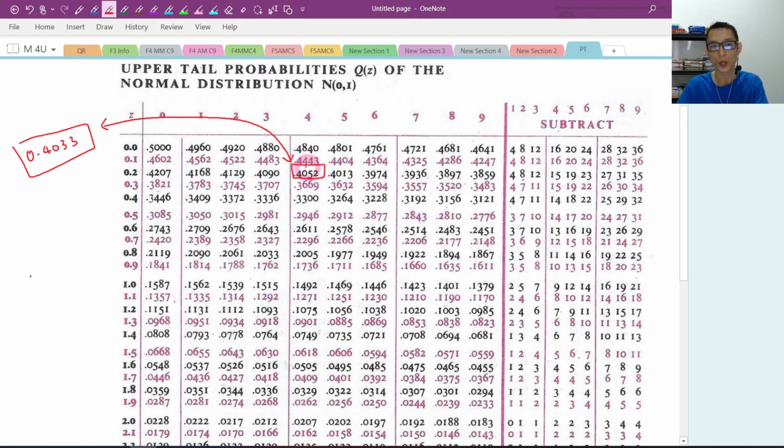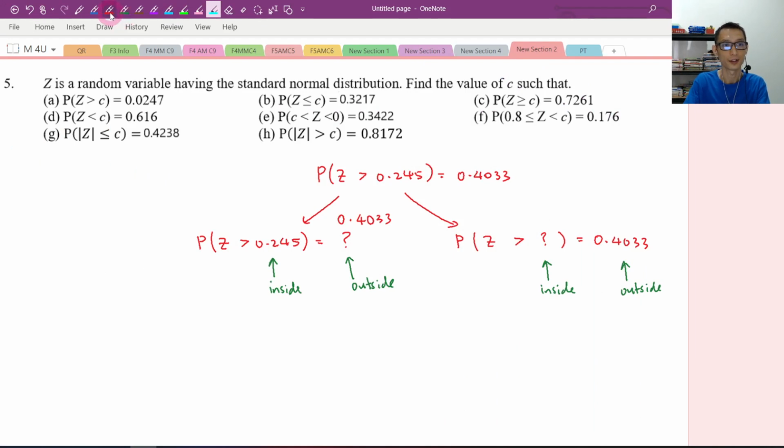This means that I want to take this minus 19, and then you go back here, search for 19. Okay, 19 is over here. So our answer will be 0.245. Okay, this answer will be 0.245.